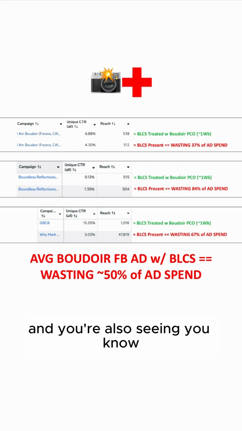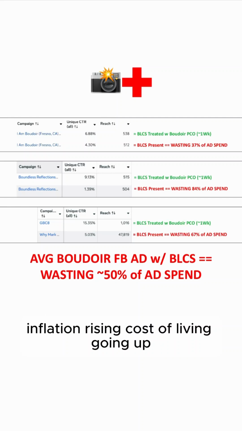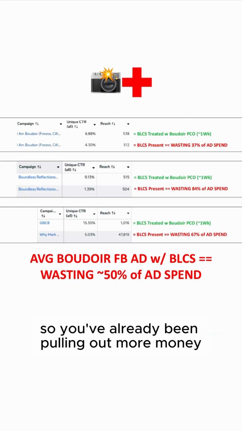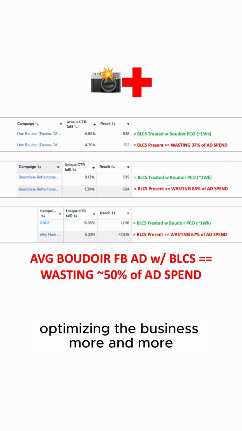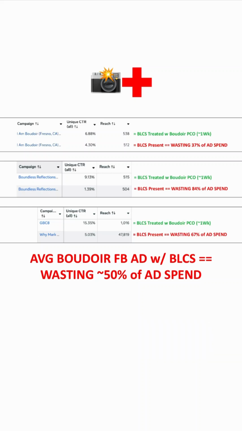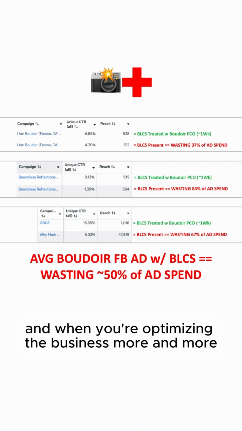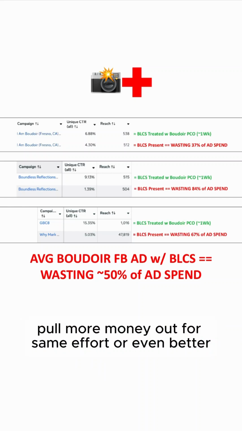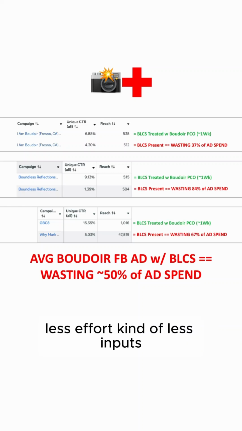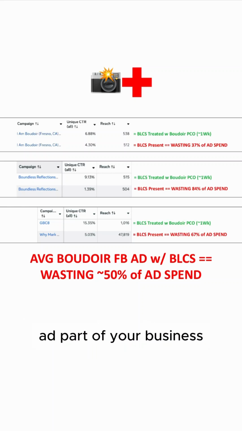And you're also seeing inflation rising, cost of living going up. So you've already been pulling out more money, optimizing the business more and more. And when you're optimizing the business more and more, you pull more money out for the same effort, or even better, less effort, kind of less inputs. And so you decided now you need to do this for the Facebook ad part of your business.